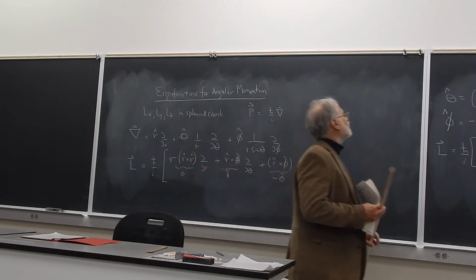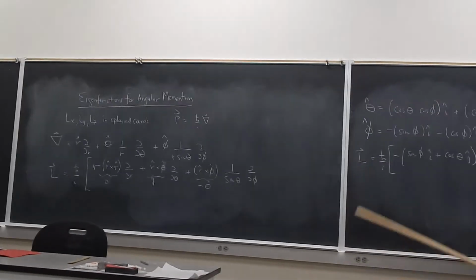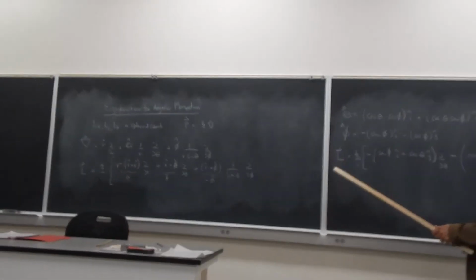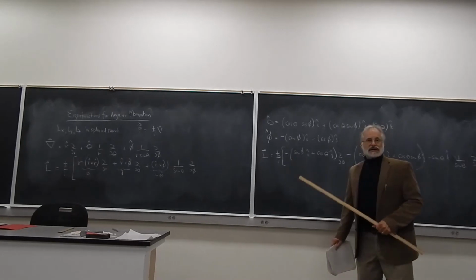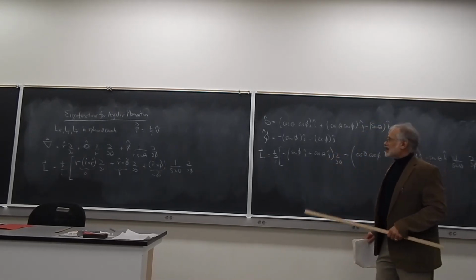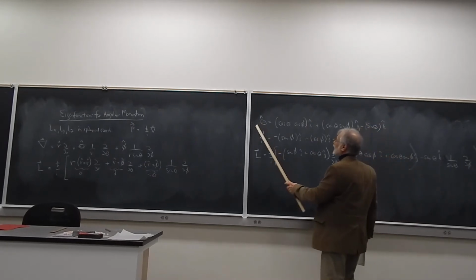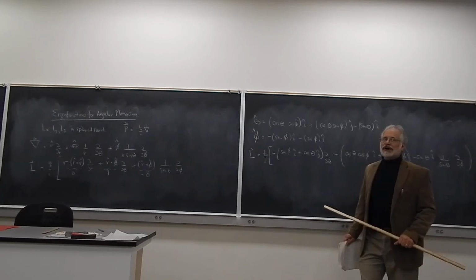What we want to do then is convert this expression, which is really ugly, to Cartesian coordinates. In other words, we want to write our unit vectors theta hat and phi hat. Remember, we don't have to worry about r hat.